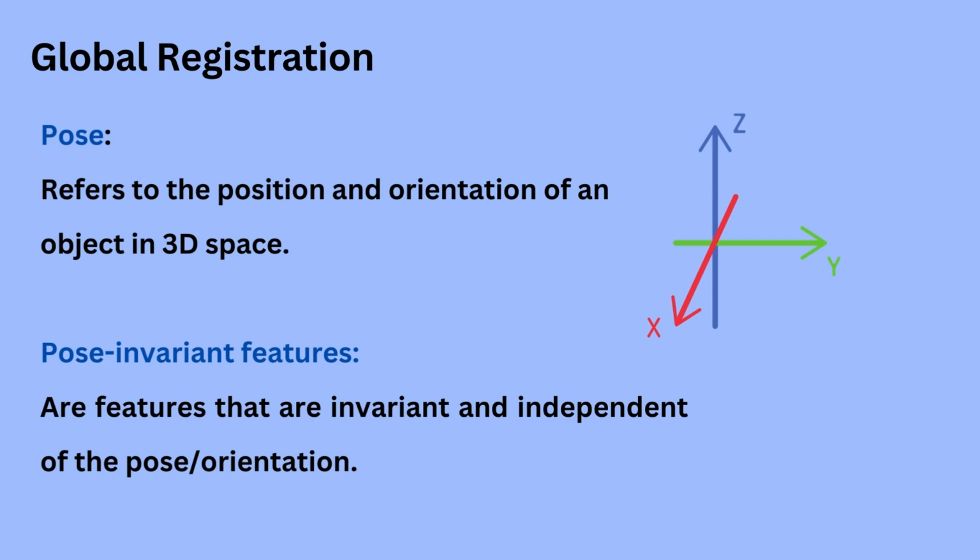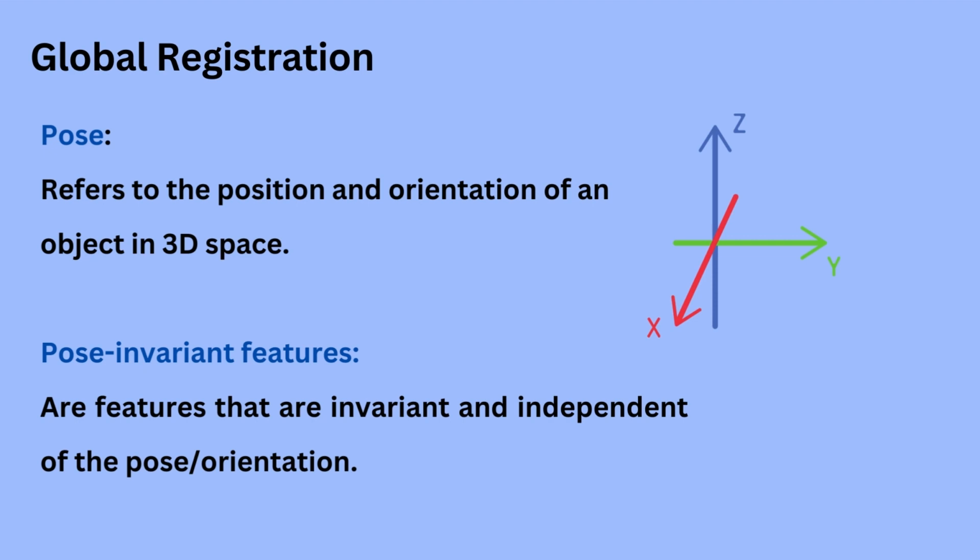We would need to find specific features that can help us without taking into consideration their positions, because we're looking at it from different angles. And then from those features, stitch together those two point clouds of the same object at different angles. And that's exactly what we will be doing here.